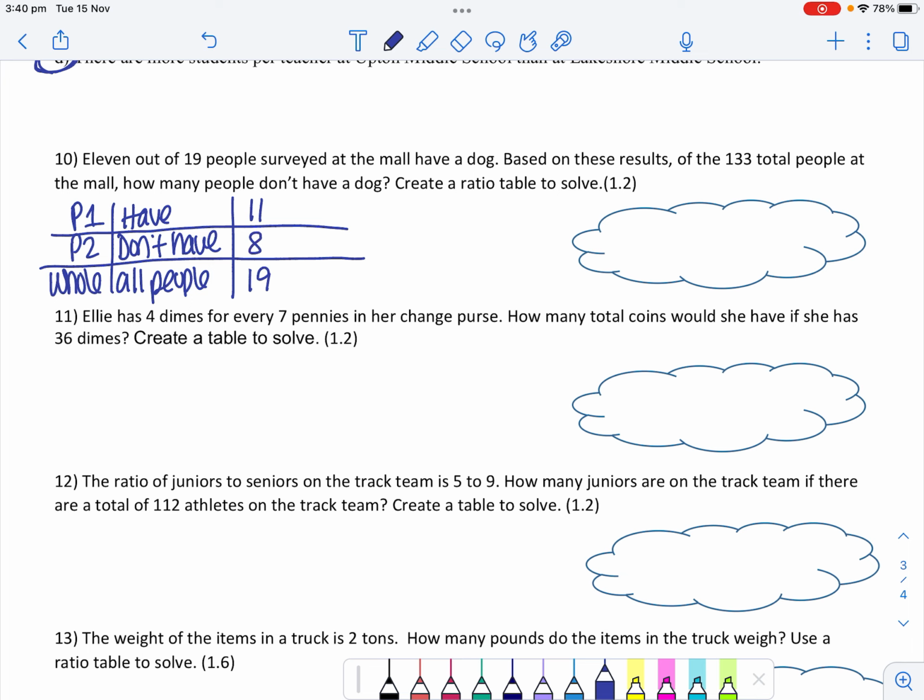That means 8 don't. And it says based on the results of the 133 total people, so 133 goes in the bottom of my table. 19 times 7 is 133. So I'm going to multiply by 7 in the rest of my table. So 77 and 56. How many people don't have a dog? 56 people.